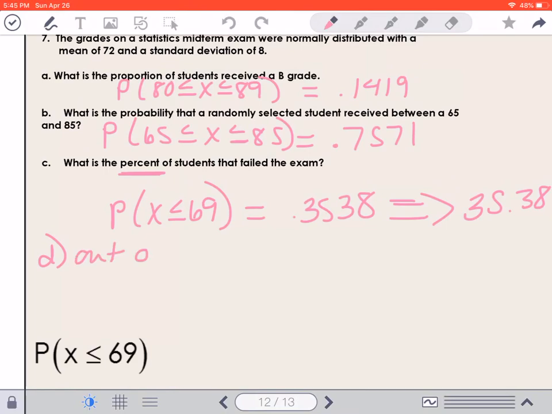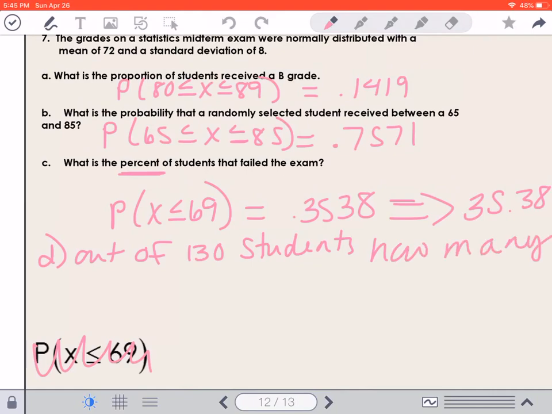Okay, so out of 130 students, ignore this right here, by the way, how many got an A? Well, first thing that we need to do is we need to actually figure out what's the probability that someone actually got an A anyway.